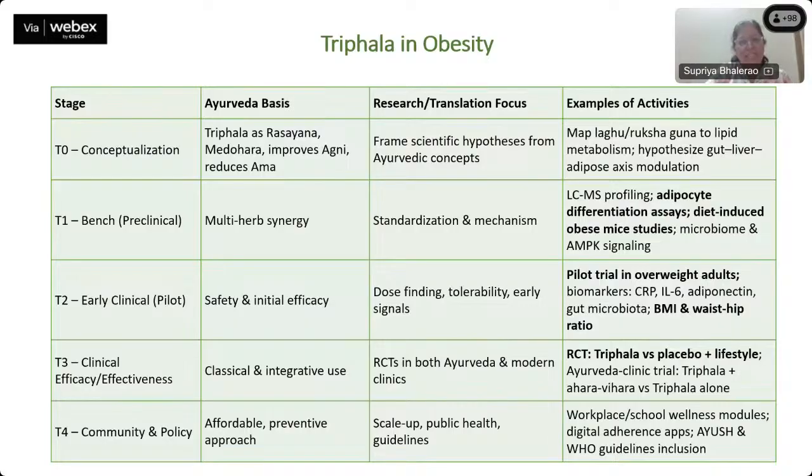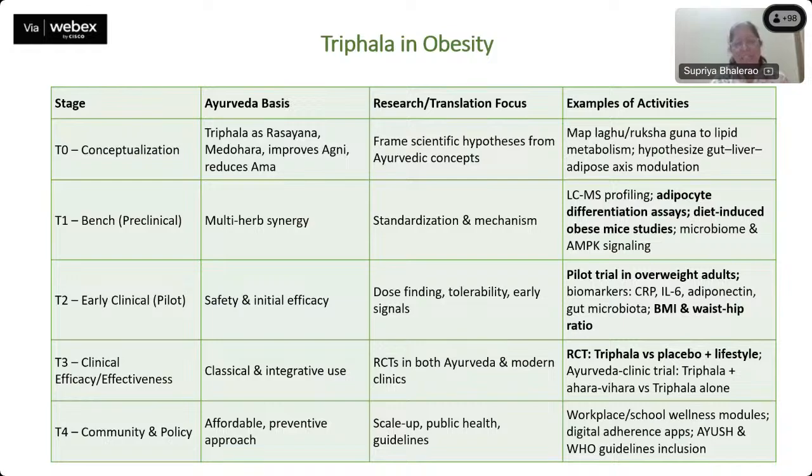I have highlighted a few of these, and I will tell you why in some time. T2 is early clinical studies, where you will have safety and initial efficacy. Then T3 is clinical efficacy or effectiveness, in RCTs in both Ayurveda and modern clinics. And lastly, T4 is community and policy.